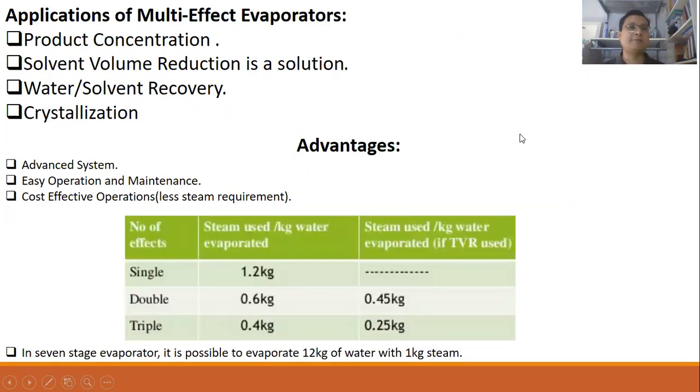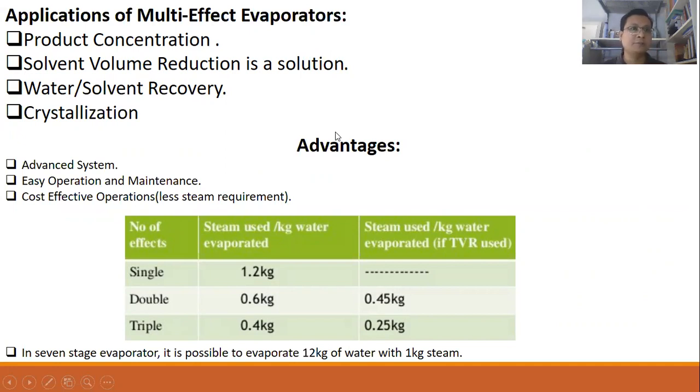The application of a multi-effect evaporator is in product concentration. As I mentioned before, not only for humans, we can implement it in products like ice cream, and in low-temperature conditioning of products.